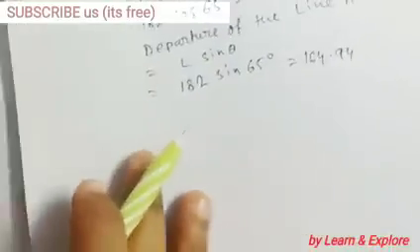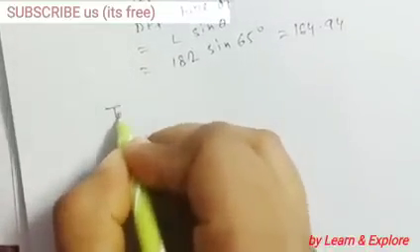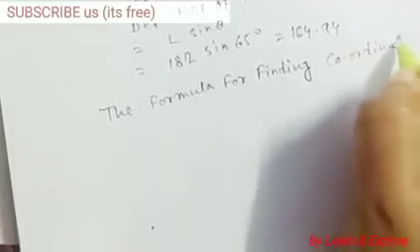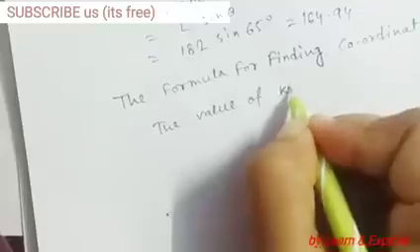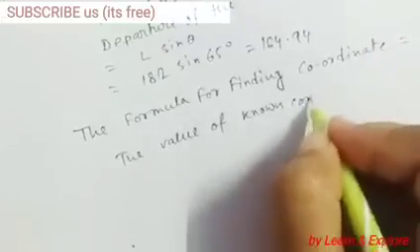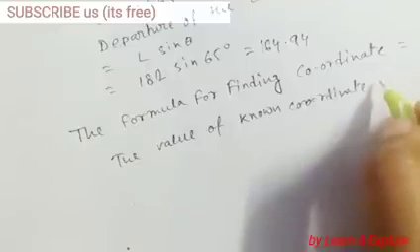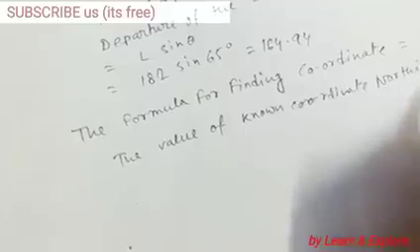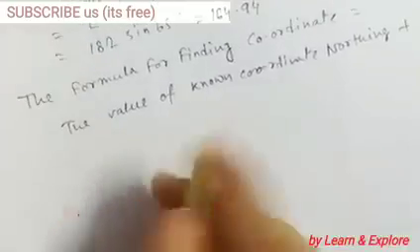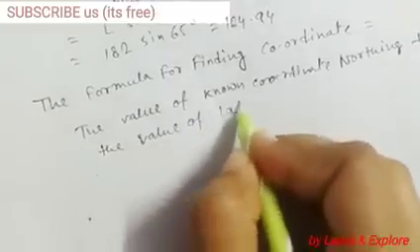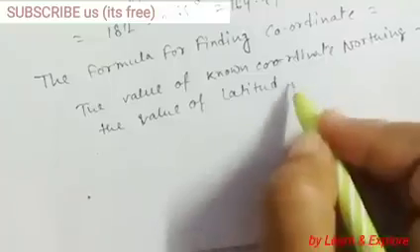Now we have to calculate the coordinate of the next point. The formula for finding the coordinate is the known coordinate northing plus the value of latitude, which we get from here.